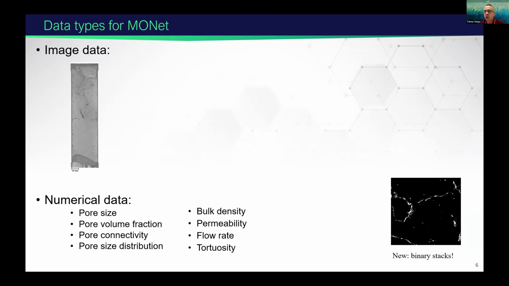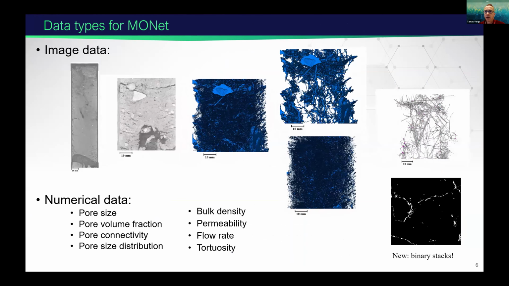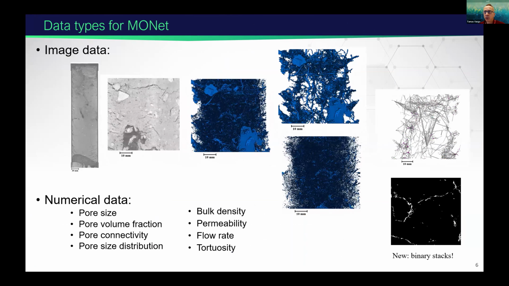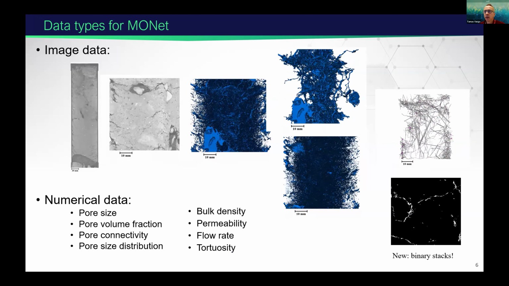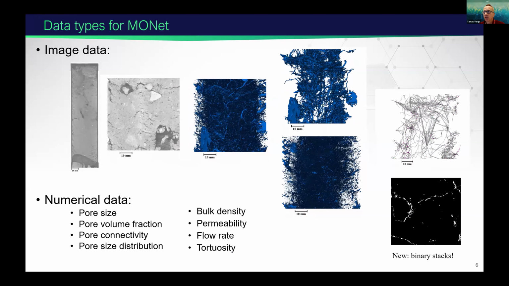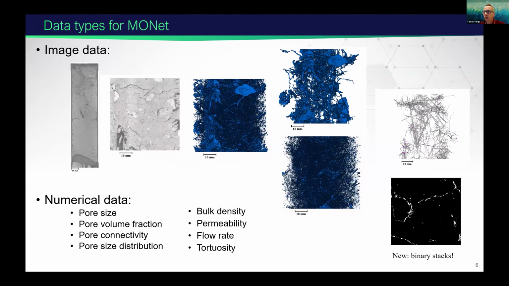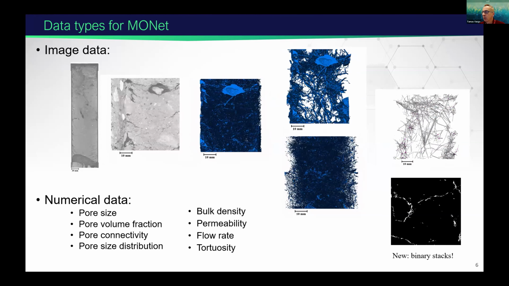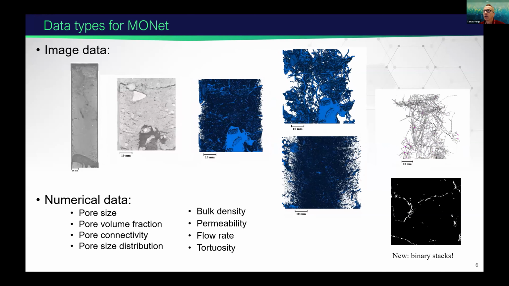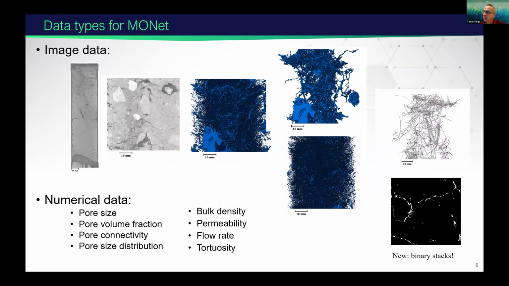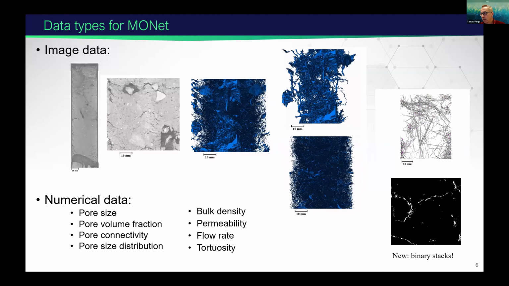So the image data is one part of what we provide. This includes the whole core, and then those different saved images of the segmentation work, the higher resolution sections that I mentioned for top and bottom, and then we also upload an image stack for each porosity, meaning the connected pores, unconnected pores, and all the pores.